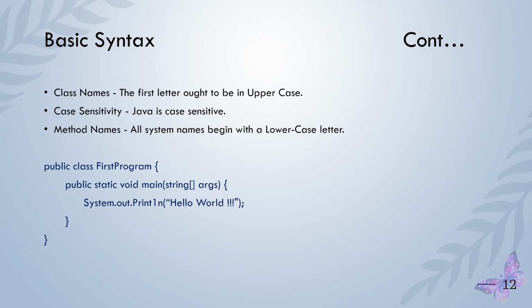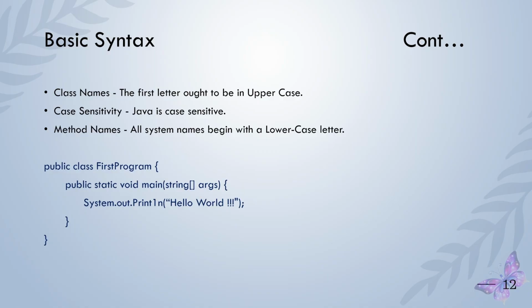Now, how do we actually write a class name? There are certain rules that you need to follow. These are the standards. The first letter of the class name ought to be uppercase, and method names begin with a lowercase letter.